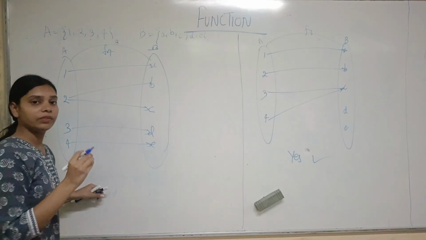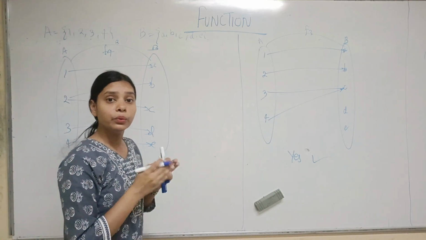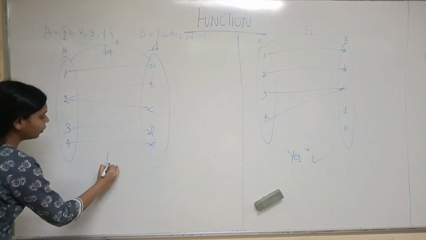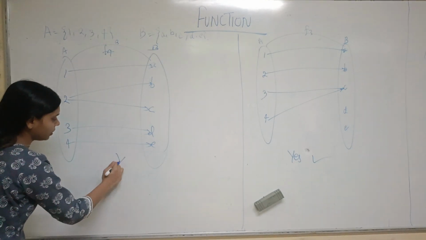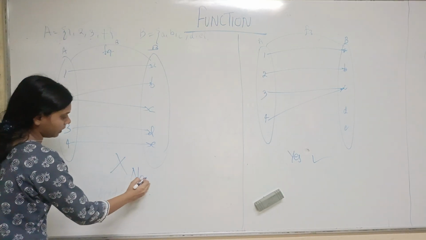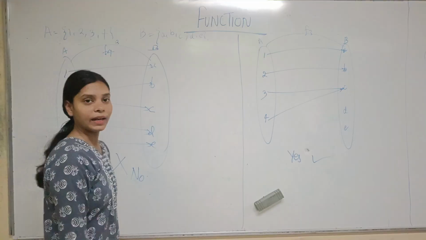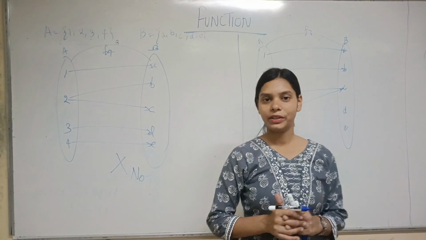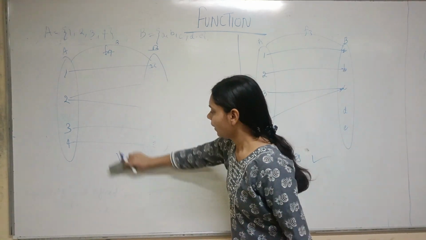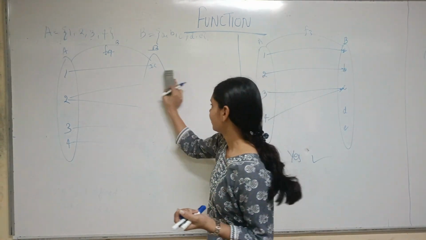So the second condition of the definition, unique association, is not satisfied, so we can say that F4 is not a function. So I think everything is clear about the definition of function. This is very important and very interesting, I think.